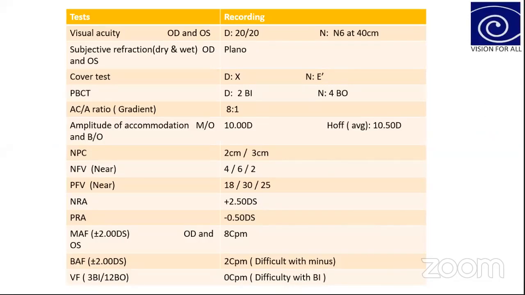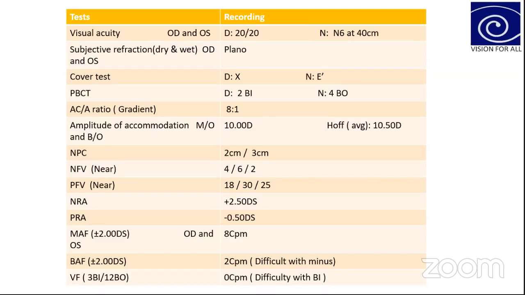Coming to the vision part, she had 20/20 with N6 at 20 centimeters for distance and near. Subjective refraction shows plano. Looking at the phoria, it shows exophoria for distance and isophoria for near.